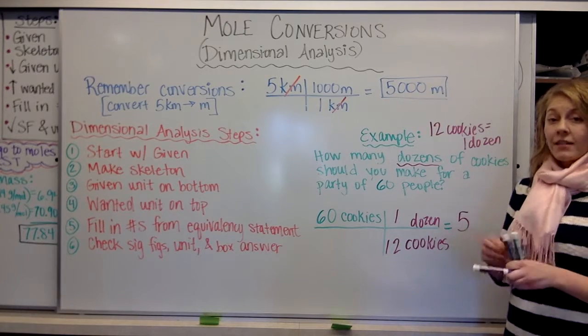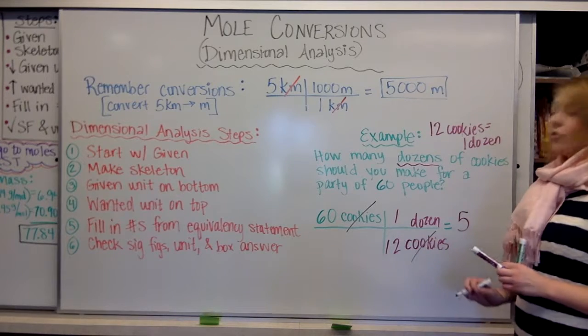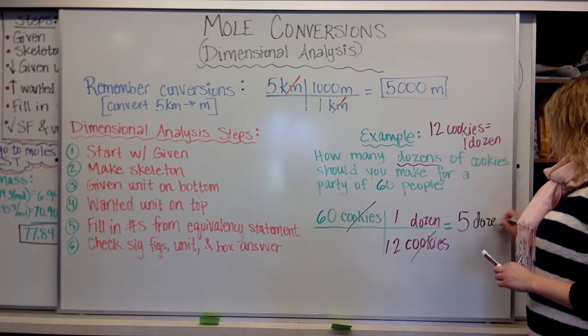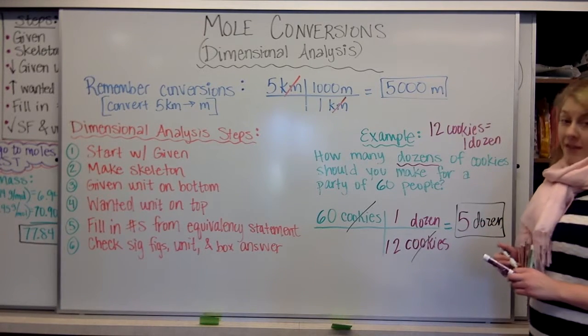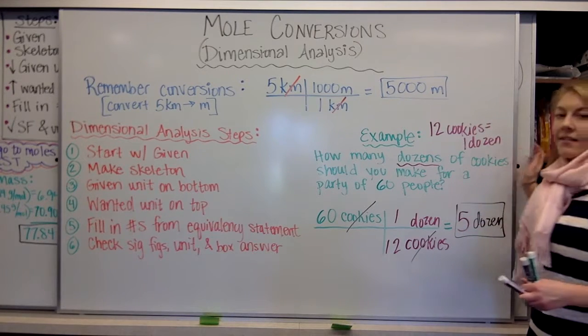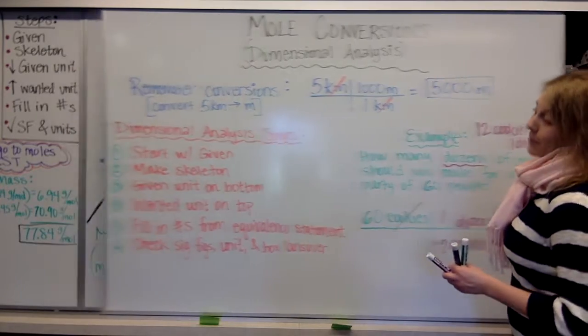And what's our unit? Remember that units on top and bottom cross out. So we're left with dozen. So we would need to make 5 dozen cookies. Okay, so that's an everyday example we might see. Let's take a look at this from a more chemistry point of view.